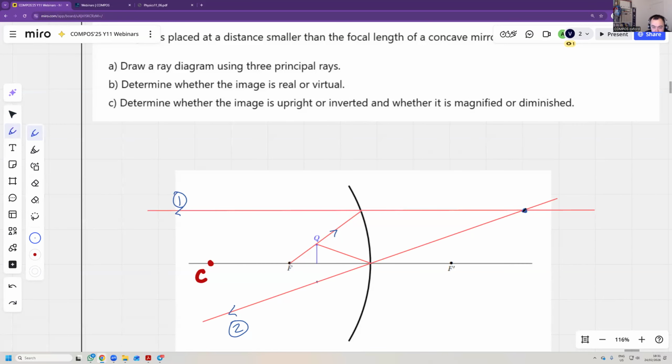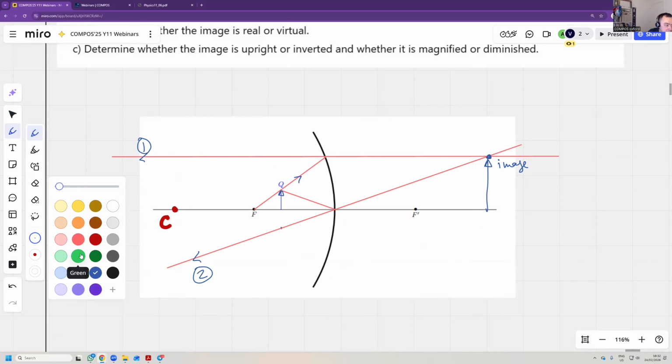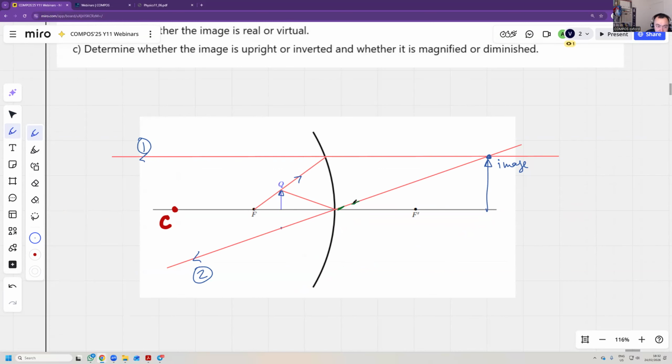So when they ask you to construct an image, that's how you do it. So this is Q, and this is the image. Now, if you trace the rays, they don't actually intersect here. The image is behind the mirror, so there's no way it could be a real image. So rays don't actually cross at the image. You can see that the ray from Q goes like this and then reflects like this.